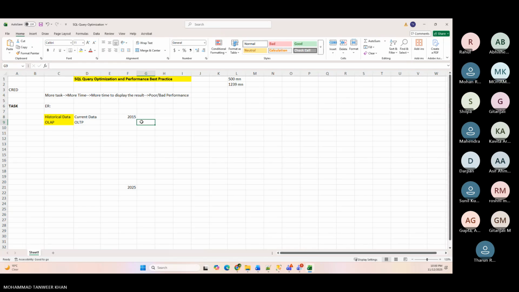Okay. So then in 2025, I thought to implement those under ETL, the ETL design. So I had a data engineer team.